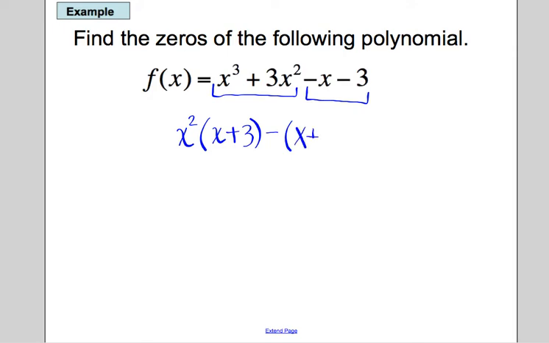When I do that, I'm left with an x plus 3. Now, I have these 2 x plus 3's here in common. So I'm going to take those and I'm going to pull those out in front of everything. When I do that, the leftovers here, it's like dividing by them. They're going to go away.